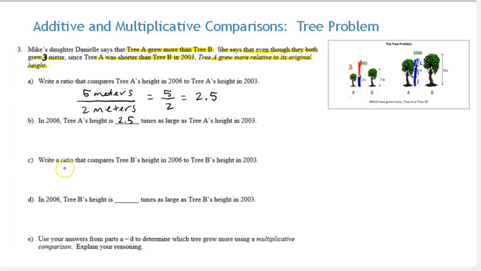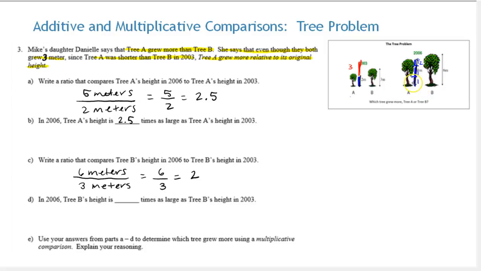Let's do the same type of comparison for tree B. In 2006, tree B is 6 meters. In 2003, tree B was 3 meters. So we have 6 over 3, or 6 divided by 3, is 2. Again, comparing them additively, we asked how much do we add on to 3 to get 6? And we added on another 3, the same as we did here.